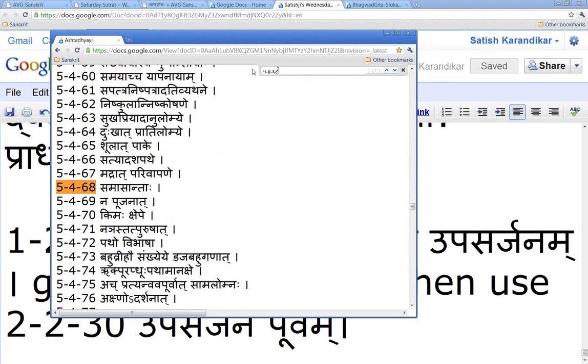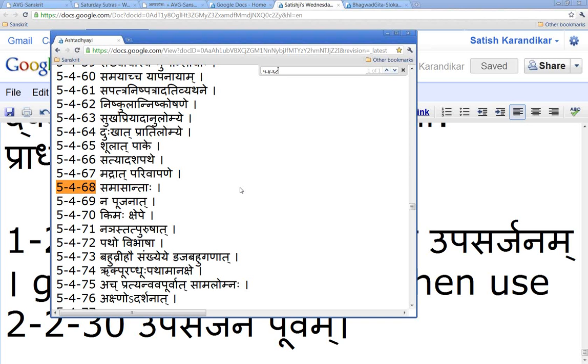5.4.68. If you know these basic sections, they are not very long sections. If you see something happen, you can quickly come and look it up. It's not very difficult then. So 5.4.68 is Samasantaha. Let me remind you one more time that 5.4.68 means we are within the adhikara of Pratyaya Parascha, 3.1.1, 3.1.2, 3.1.3.